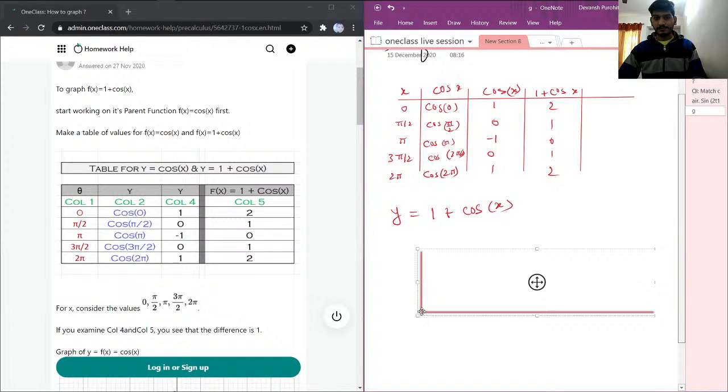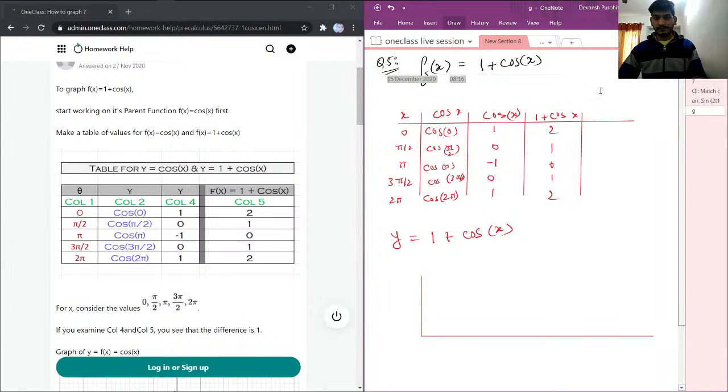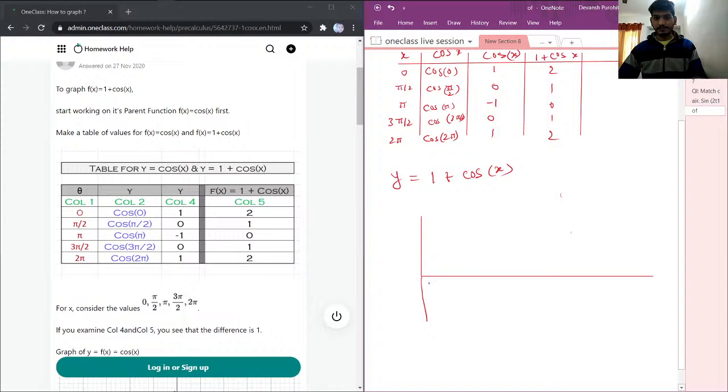I'll just draw a line for negative 1. Now this is the graph for y equals cos x.